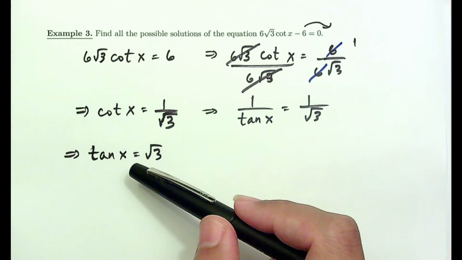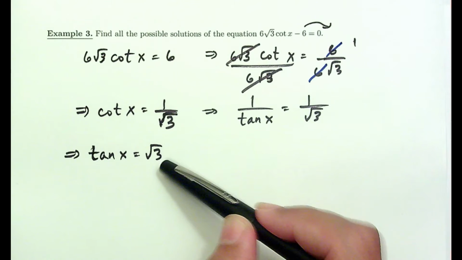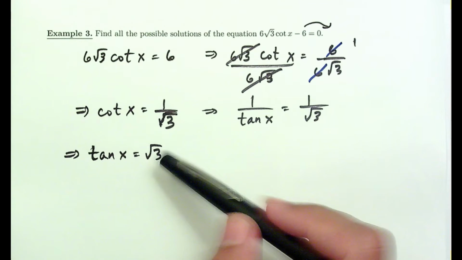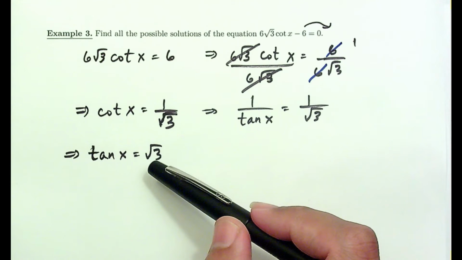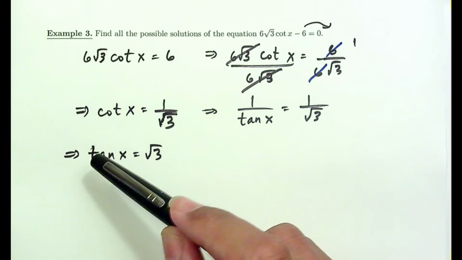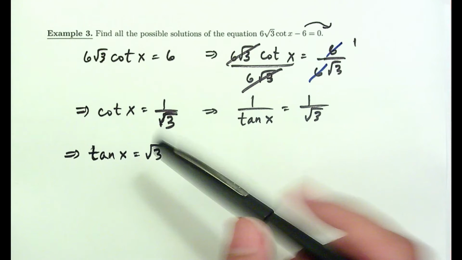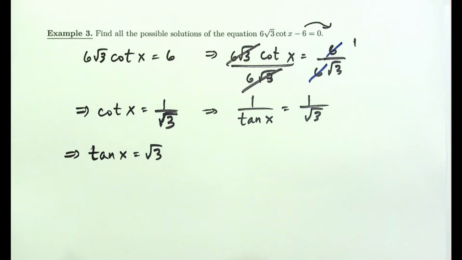And now all we have to think is which angle satisfies this equation. If this wasn't one of the special trig values, then we would use a calculator for this. But this one again is a special value. So there is a special angle that when you take the tangent of that angle, you do get square root of 3. So what is that angle? Do you remember? What is it?